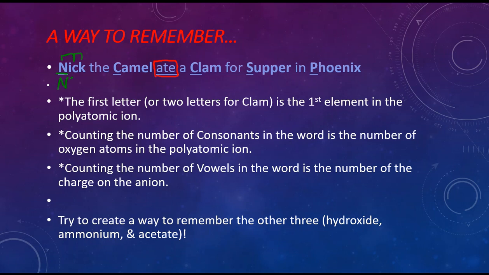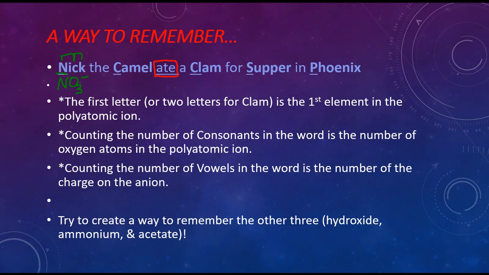So this would be O3. And the number of vowels in the word is the number that goes into the charge. So because there's only 1 vowel, the I there, this would be minus. So that is the formula for nitrate, NO3 minus.